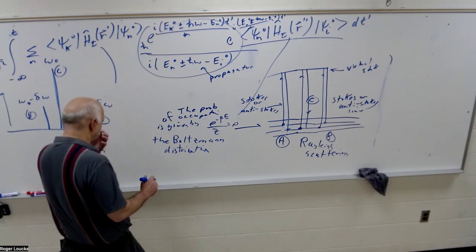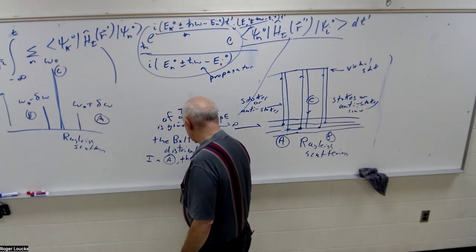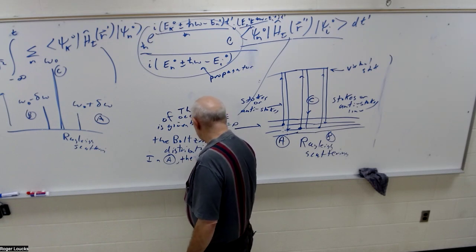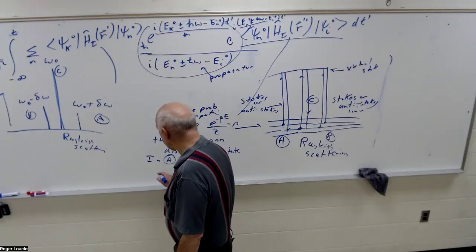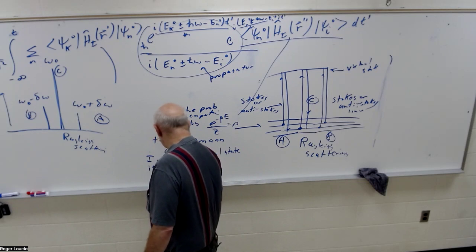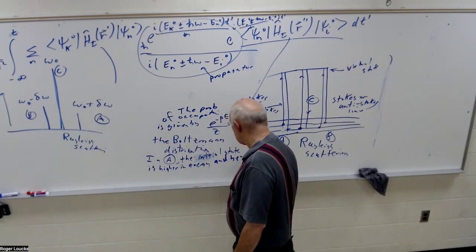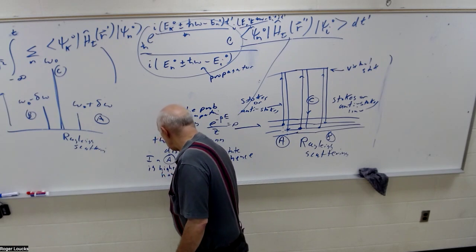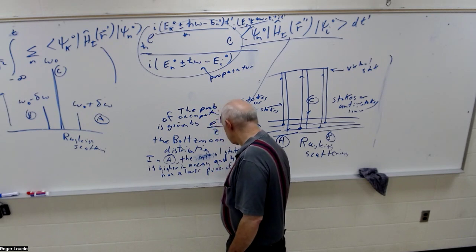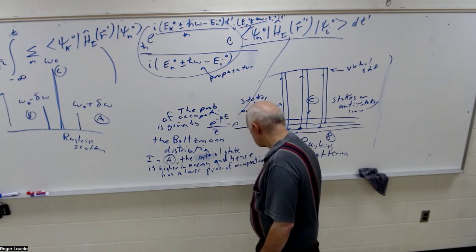In A, the initial state, the upper level state, is higher in energy and less occupied, with a lower probability of occupation. So the intensity is lower.